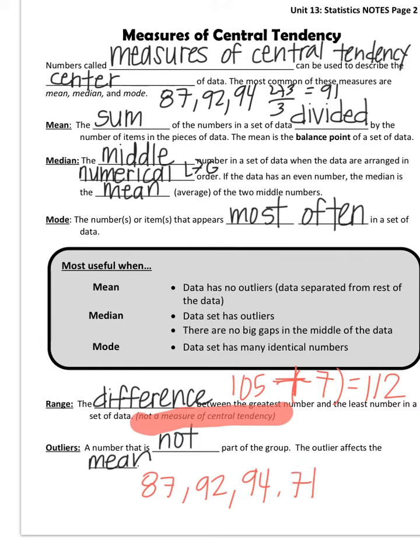Let's see what happens when we find the average of those numbers. When you add up 87 plus 92 plus 94 plus 71, you get 344. And you divide that by 4, your average is now an 86. So that one grade of 71 brought your B plus to A grade down to a B.